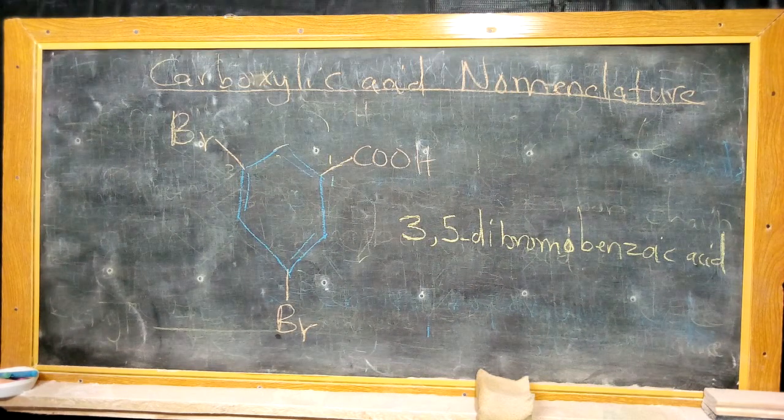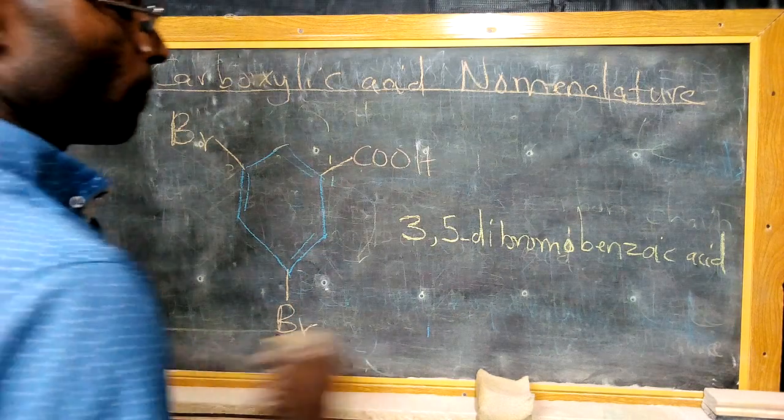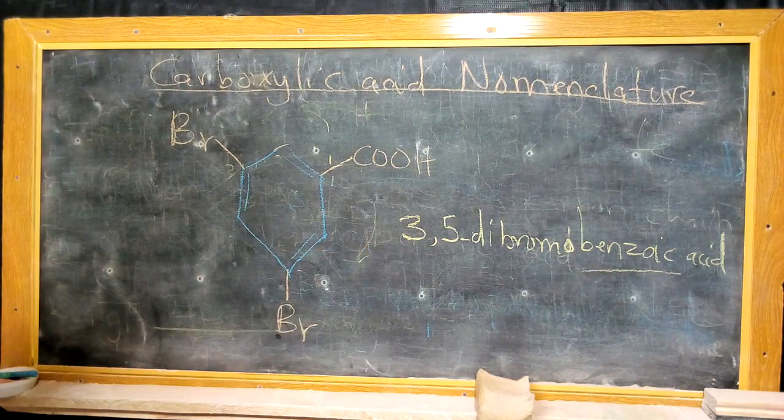So if you look at most of these compounds, you find that since the numbering begins at the carbonyl carbon, there's no need to include the 1 that we have been using for other molecules like benzene. I mean other molecules like the alkenes and alkynes perhaps, because the numbering will always begin at the carbonyl carbon.